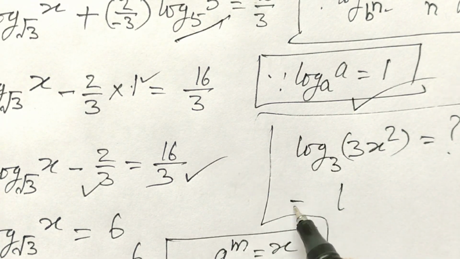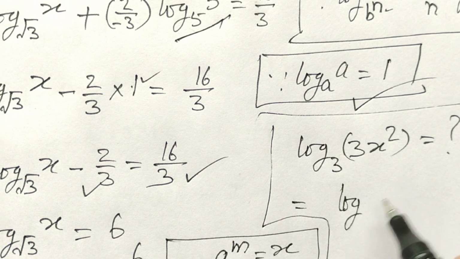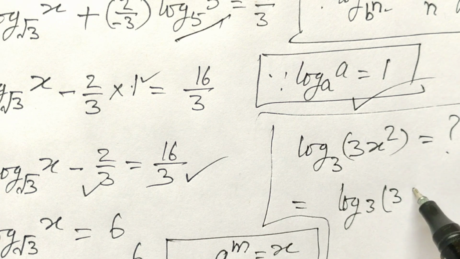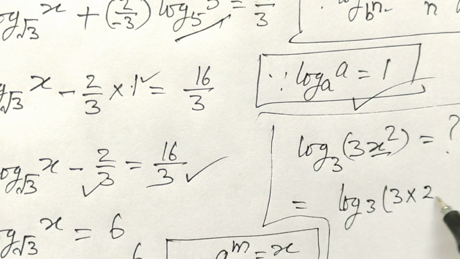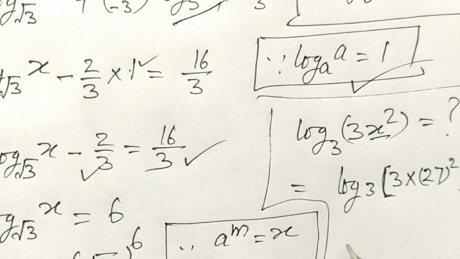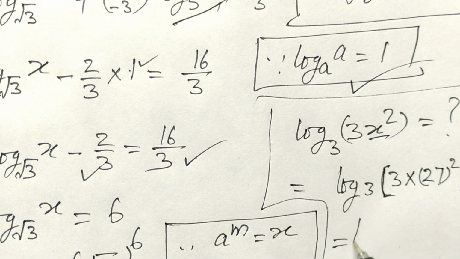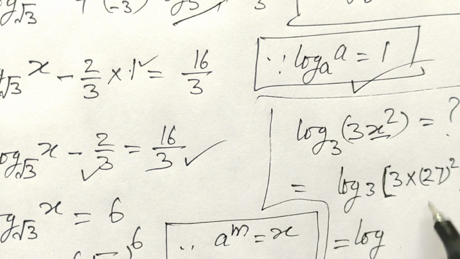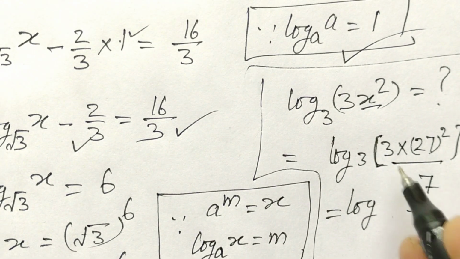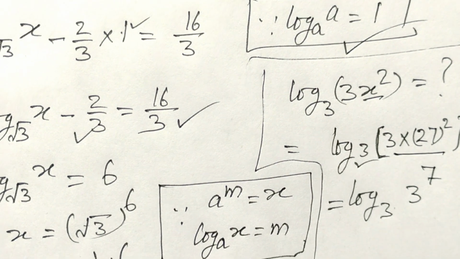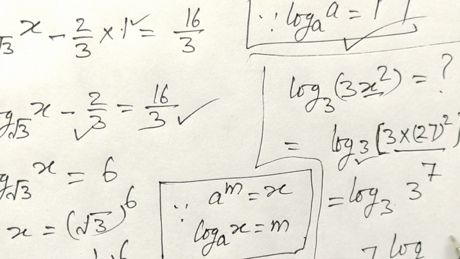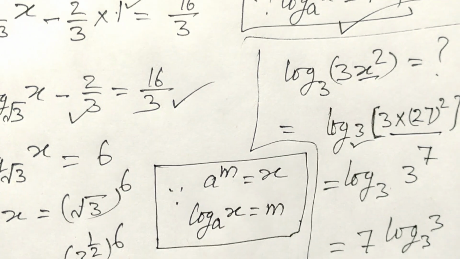So log of 3 into x, which is 27, square, is equal to log of 3 to the power 7 to the base 3, is equal to 7 log of 3 to the base 3, right?